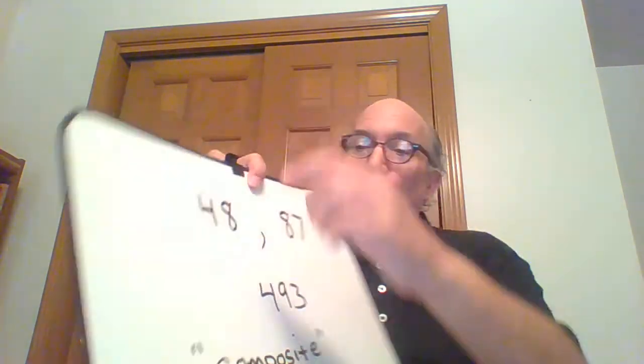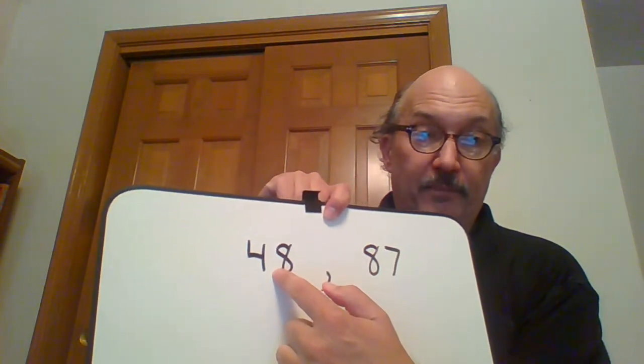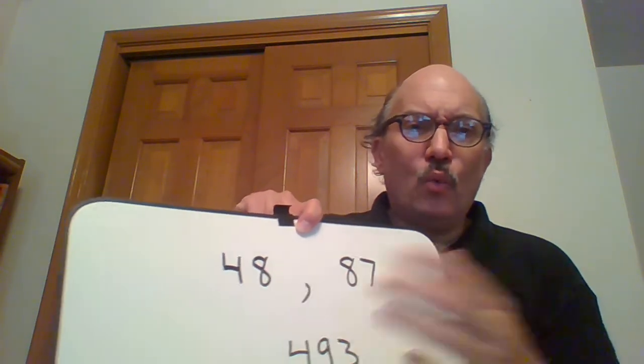I think it's just a matter of mathematicians deciding that it's not, so that there could be a fundamental theorem of arithmetic. Remember the fundamental theorem of arithmetic? The only way to express 48 as the product of primes would be 2 to the 4th times 3. What if 1 were prime? What if we considered 1 to be prime?